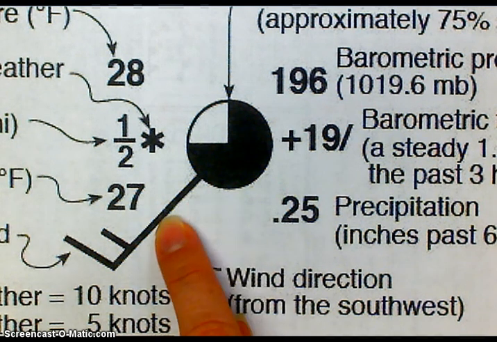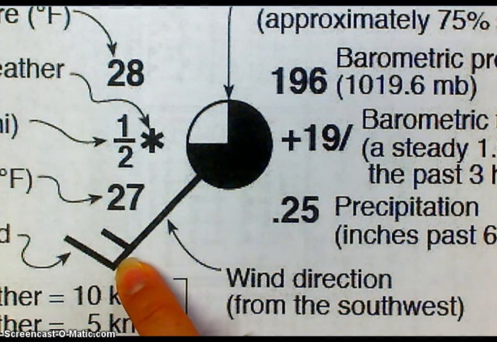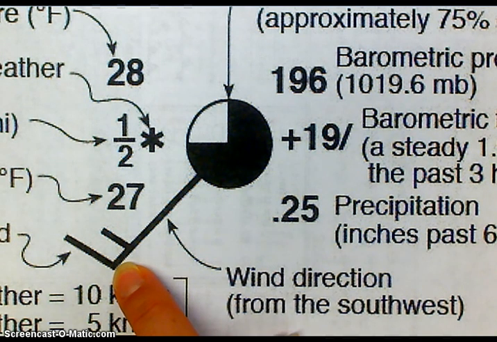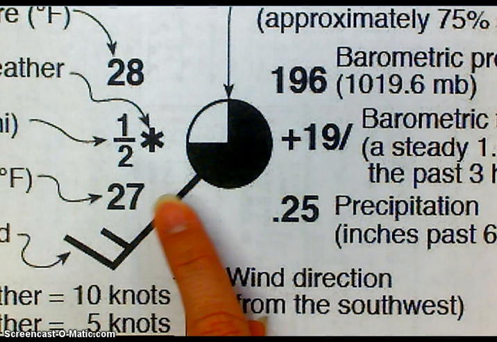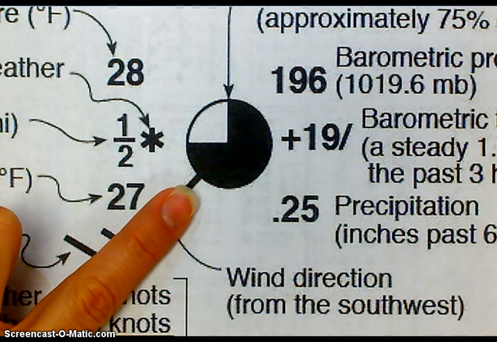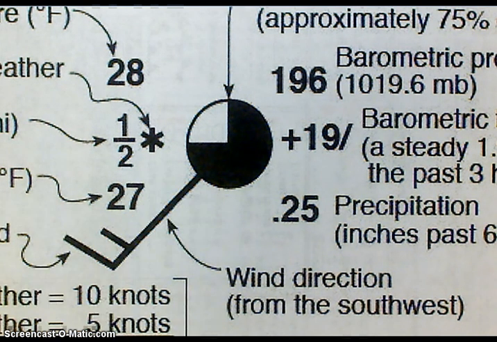So, for instance, in this particular instance, it's pointing down towards the southwest, so that indicates that the wind is coming from the southwest. Okay? So the stick is going to be put somewhere around the circle depending on where the wind is coming from.